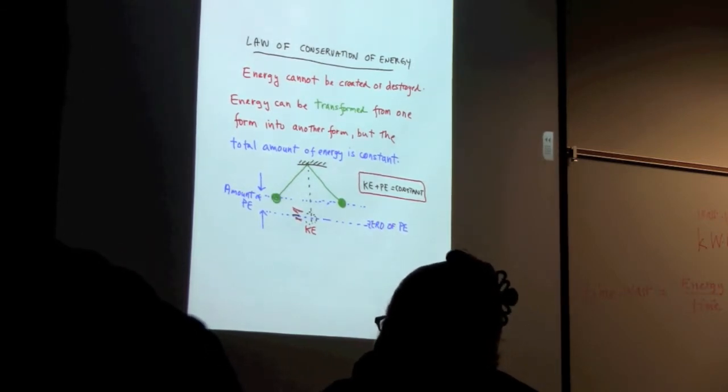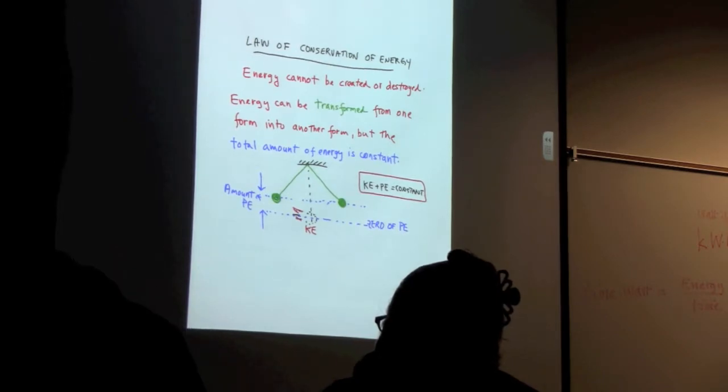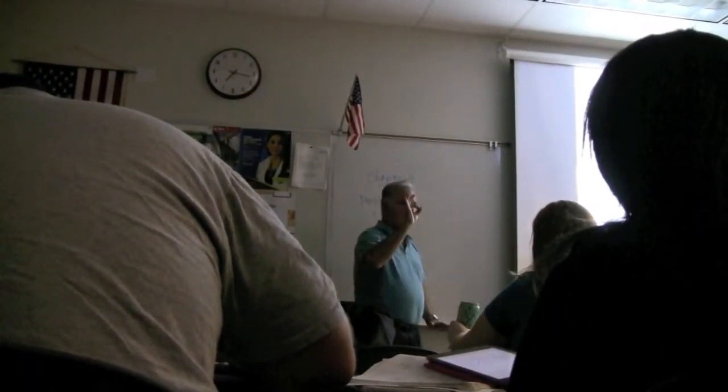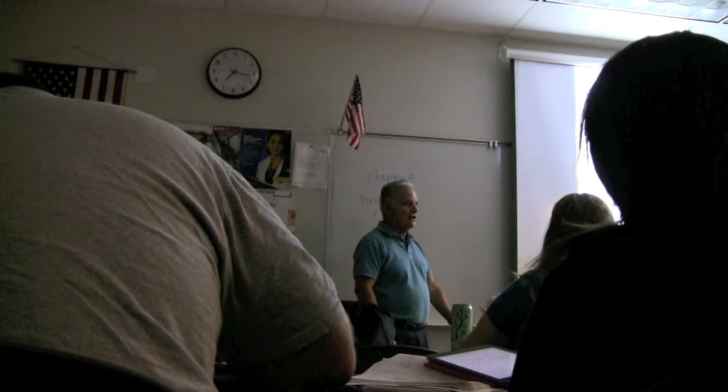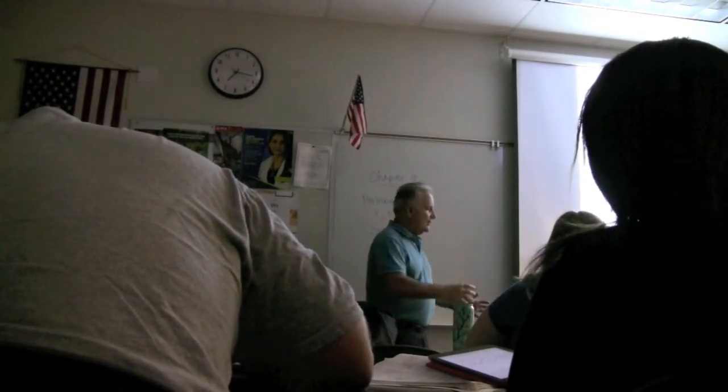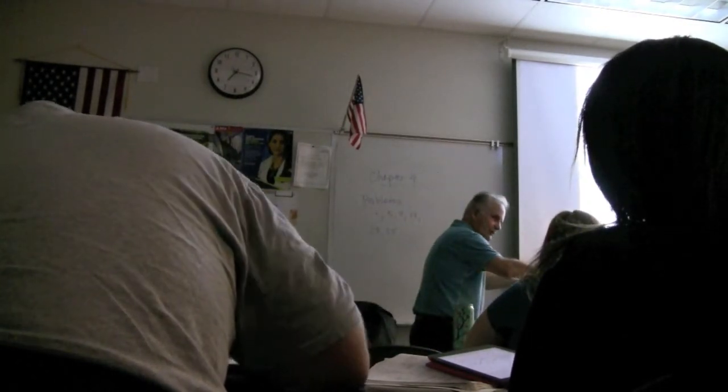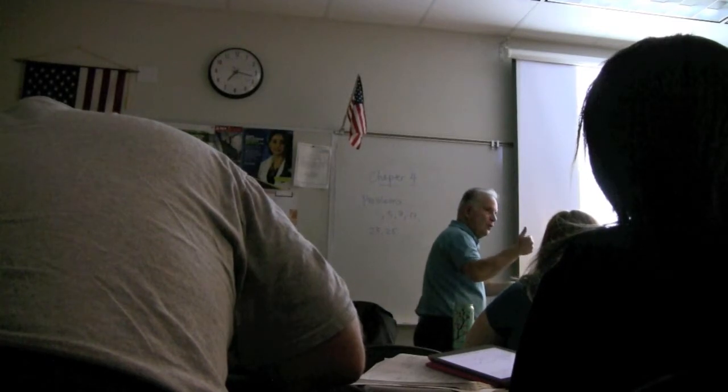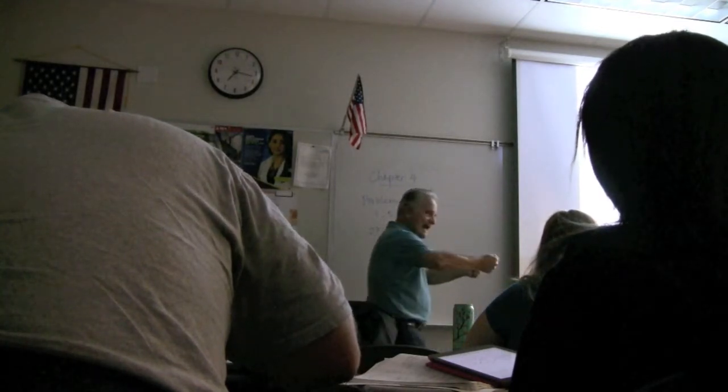Now, you don't want her to fall off that swing, so the seat on that swing is going to be as low as she's going to go. So we'll set the zero of potential energy there. She's not going to go any lower than that. Now you come up behind her, you grab the ropes or the chains, and you do work of pulling her back.